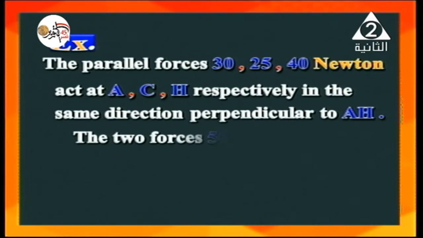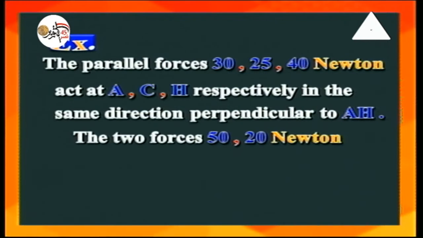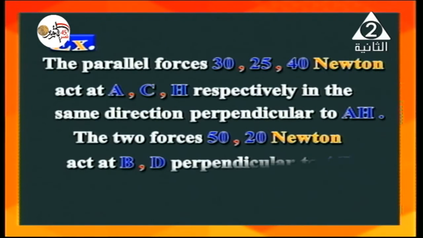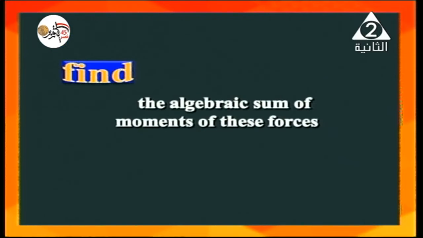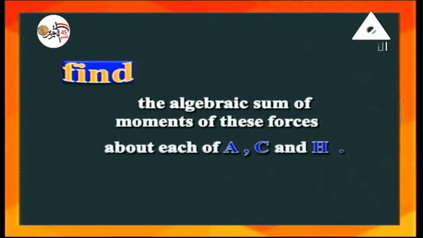The two forces 50 and 20 newtons act at points B and D perpendicular to AH and in the opposite direction to the three other forces. What is required? Find the algebraic sum of moments of these forces about each of A, C, and H.